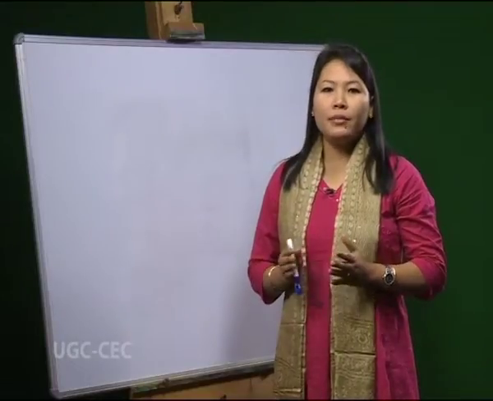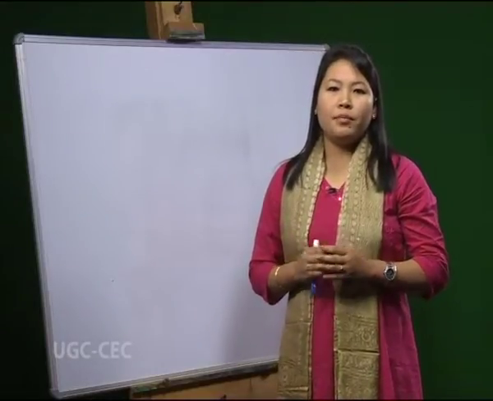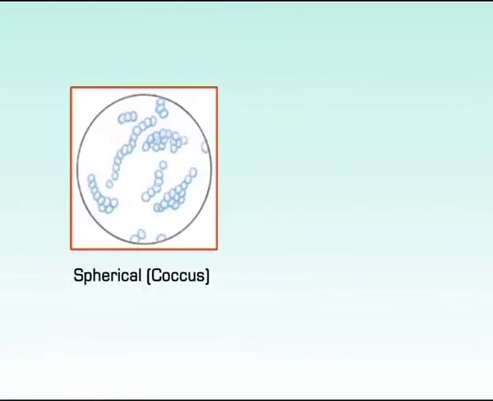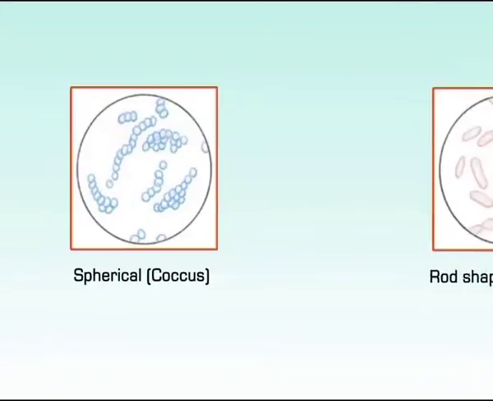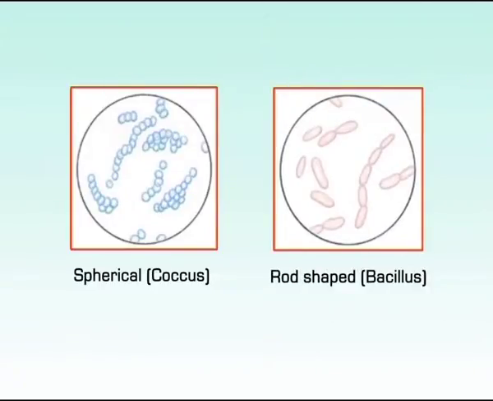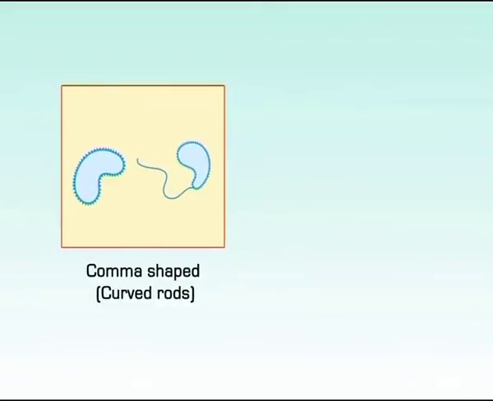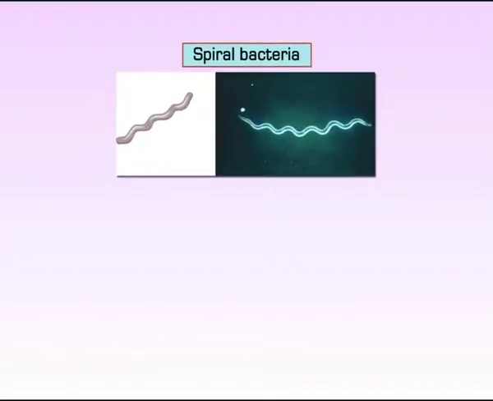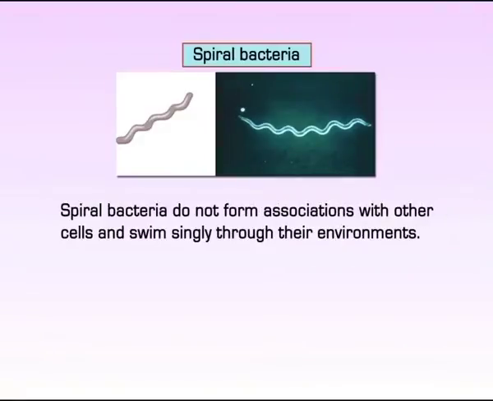The gram-negative bacteria may be either spherical, which we also call coccus, rod shape, also known as bacillus, comma shaped, also known as curved rods, spiral, also known as spirochetes, or filamentous. In the case of the spiral bacteria, they do not form association with other cells, and they swim singly through their environments.